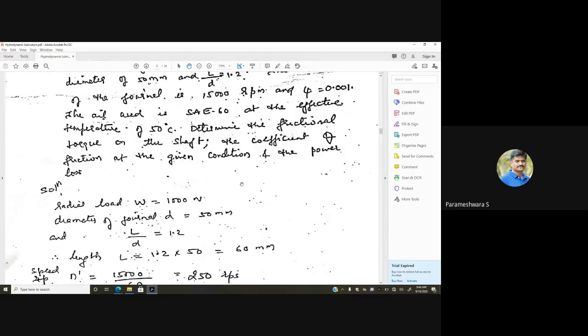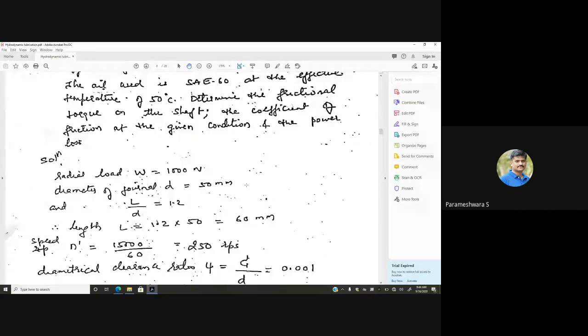And for the remaining things, just list out the given data. Radial load is given, that is W equal to 1000 Newton load on the journal. The diameter of the journal is given, 50 mm, and the L by D ratio. It's just a ratio given in the problem, so they have not given the length. Instead, they have mentioned that length is 1.2 times the diameter, so you can calculate the length.